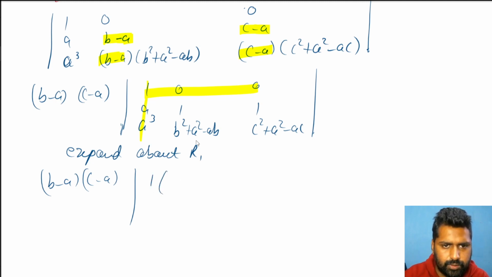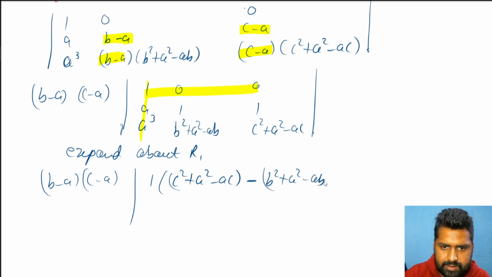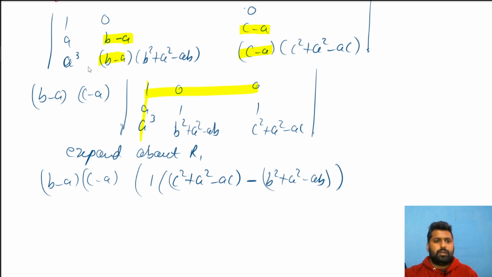So 1 into c square plus a square plus ac, minus this one, b square plus a square plus ab, and this whole will be subtracted.